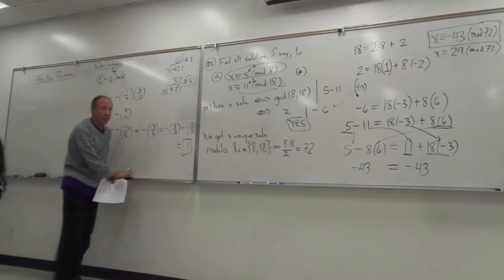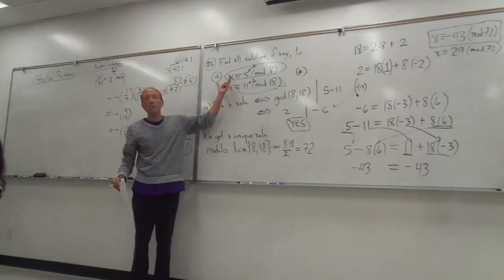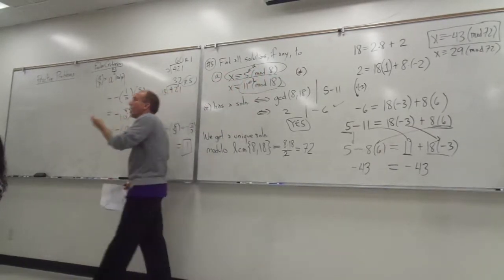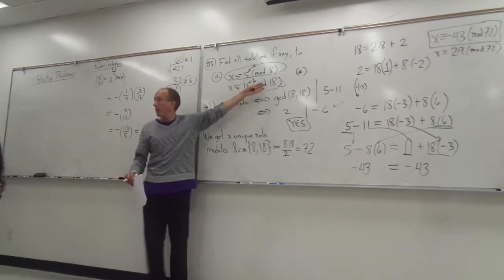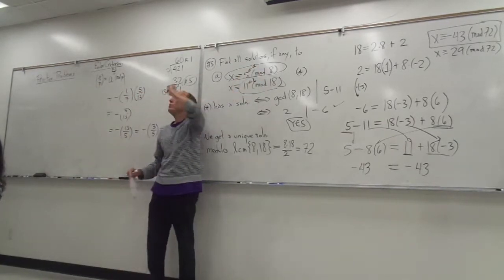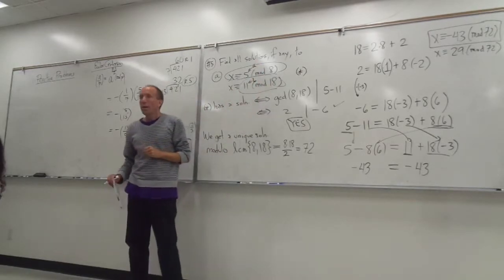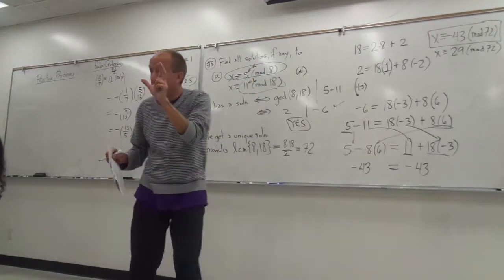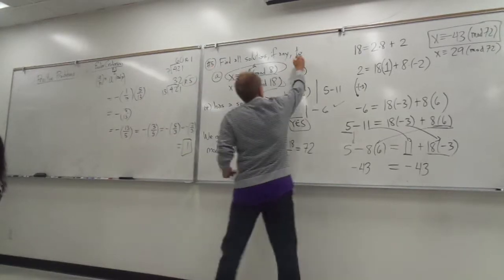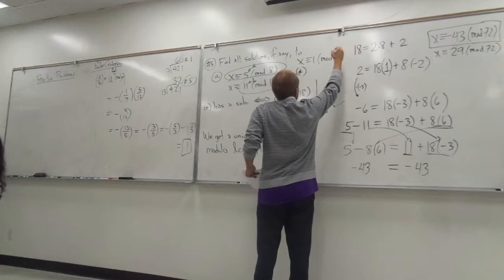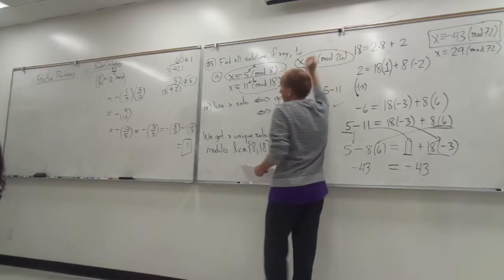Yeah. So the theory tells us that whenever you have a system of congruences and the mods are not relatively prime to one another, then you get one unique solution modulo the LCM of those moduli. By the way, if you have several of these, let's say you also had another one, x is congruent to 1 modulo 26 or something like that, right?